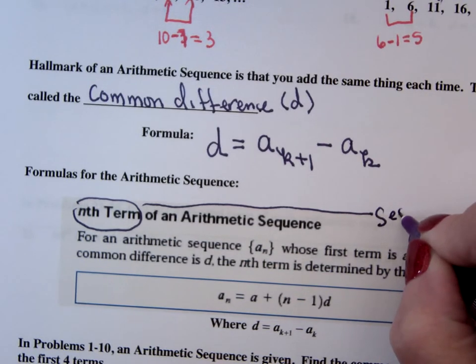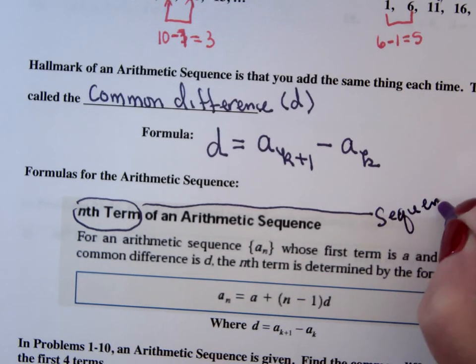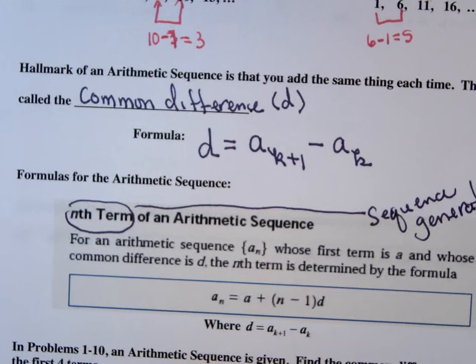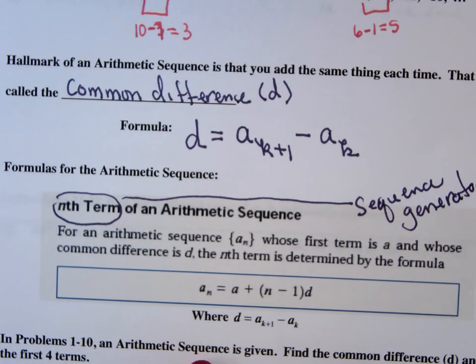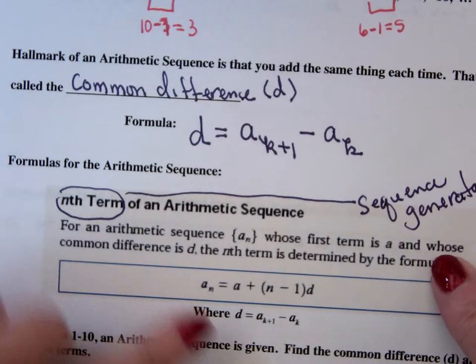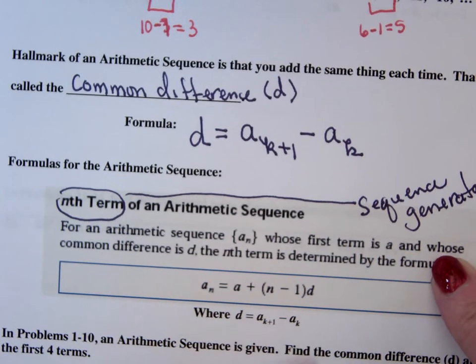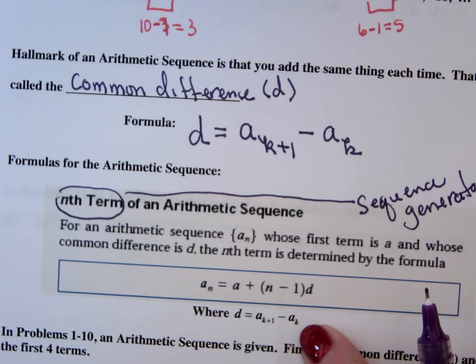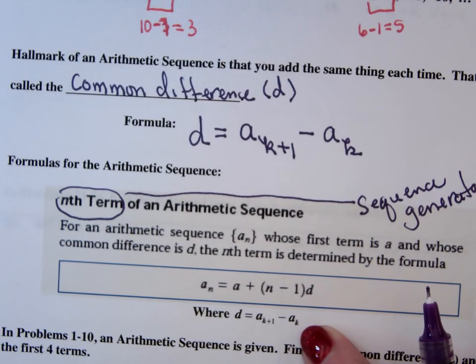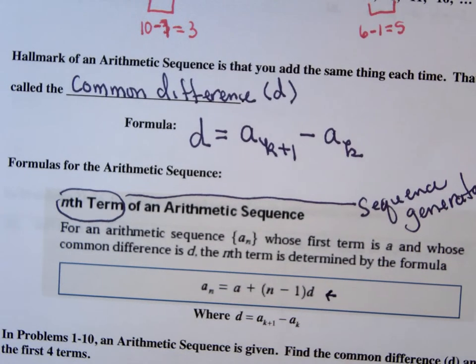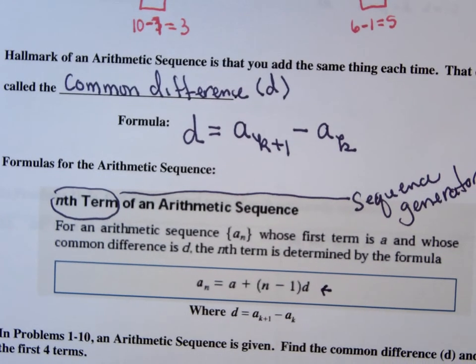It's the sequence generator. The nth term is the sequence generator. It's A sub n is equal to A plus n minus 1 times D, where D is A sub k plus 1 minus A sub k. So that's the formula that if you have an arithmetic sequence, you're going to be dealing with each time.